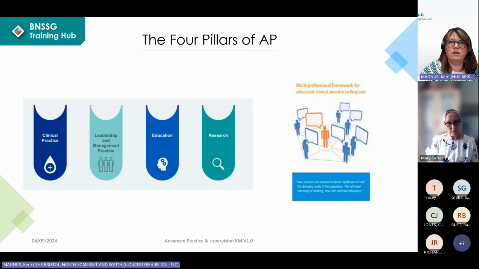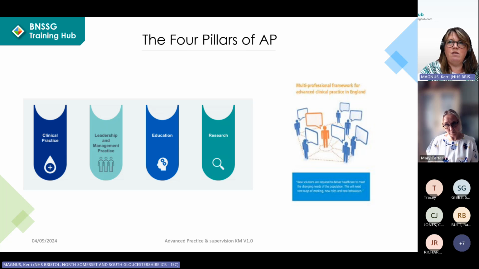And those pillars, including their capabilities, are set out in the multi-professional framework for ACP in England. That document is a framework that was set up in 2017 and is currently undergoing a few changes. There's not going to be anything dramatic, but it's just to raise awareness that it is undergoing a few changes.